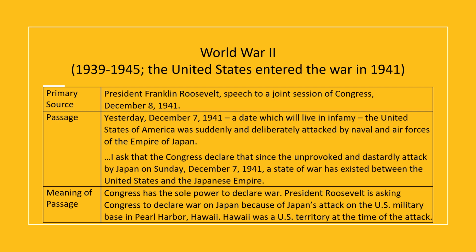Looking at this speech: "Yesterday, December 7th, 1941, a day which will live in infamy, the United States was suddenly and deliberately attacked by naval and air forces of the Empire of Japan. I, the President, am asking Congress to make this declaration of war."